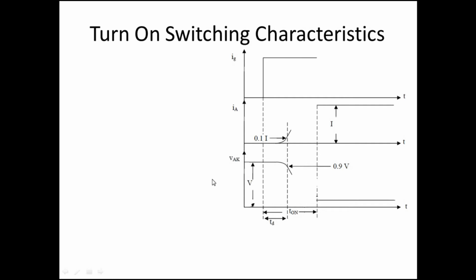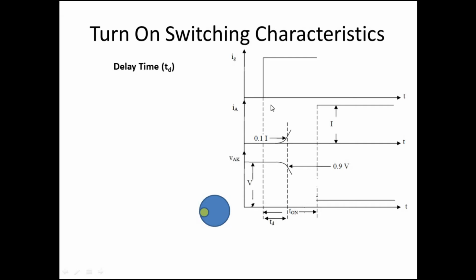This is because the depletion region at J2 has to be completely removed. During this time we are applying the gate and the gate current will inject electrons, the charge carriers, into the depletion region and the depletion is completely removed.